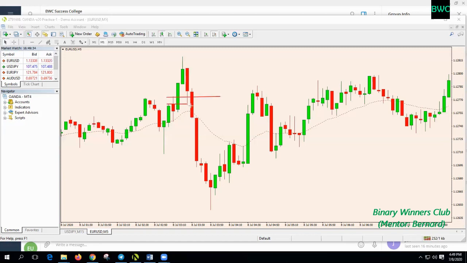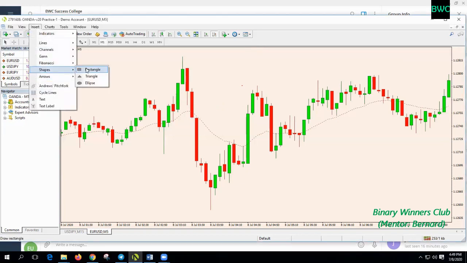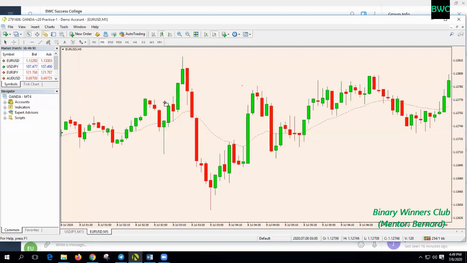Those two. Follow me closely. There's a line on the close of the body of the red candle. Yes, because this is a bull bear. Let me draw using this here. Let me use a shape. Can you see that? Yes. From the highest body to the wick.